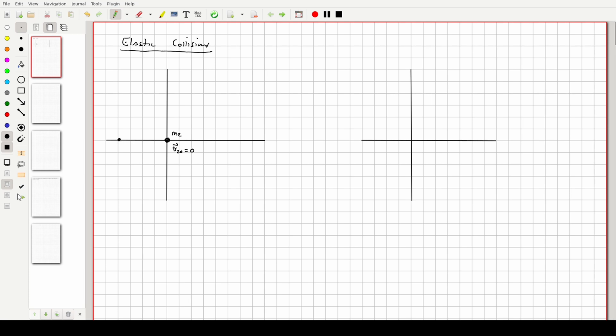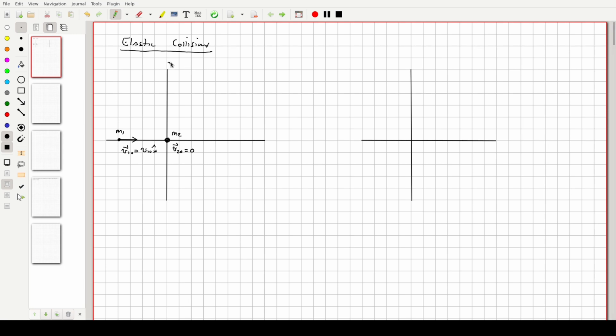Now, mass 1 here is moving to the right. It has a mass of m1 and an initial velocity that is not 0. I'm not going to give it a number, but I am going to note the fact that it is along the x direction.